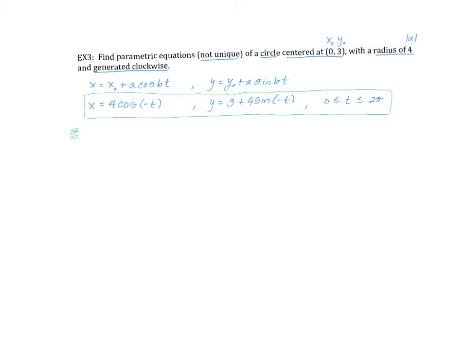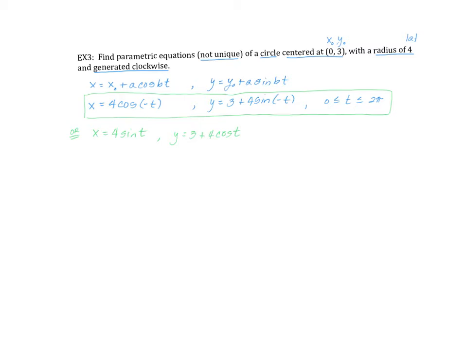So I could have also just exchanged the sine and the cosine and written my x value as 4 sine of t, leaving it as a positive t, and y as 3 plus 4 cosine of positive t. Exchanging sine and cosine would have changed the direction, but keep the b value positive.